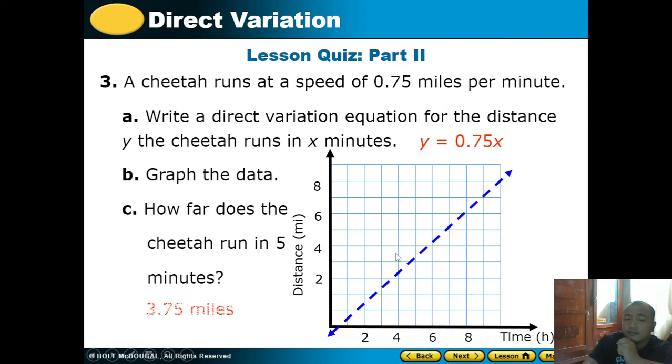This is the graph. If x is 4, just substitute 4 for x, and then you'll be able to solve for y. 3 fourths times 4 is 3.